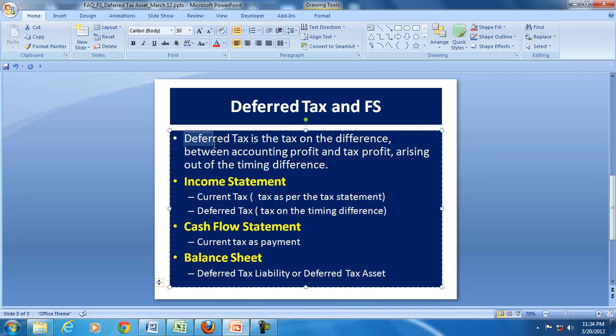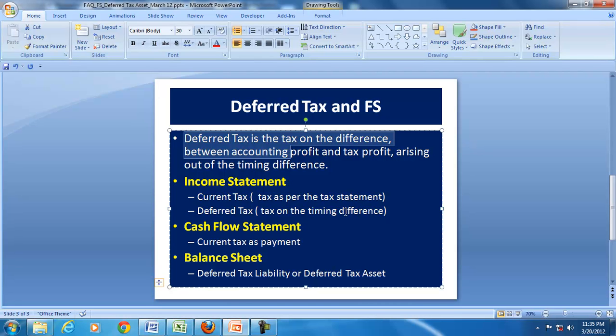As we saw in the previous discussion, deferred tax is the tax on the difference between accounting profit and tax profit arising out of the timing difference, and the timing differences arise due to different policies adopted for accounting and policies adopted for tax calculation. Some of the common items are depreciation, amortization related items.